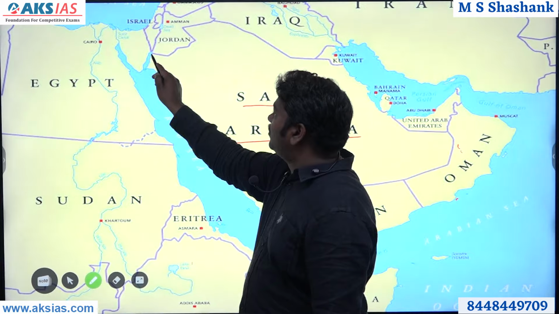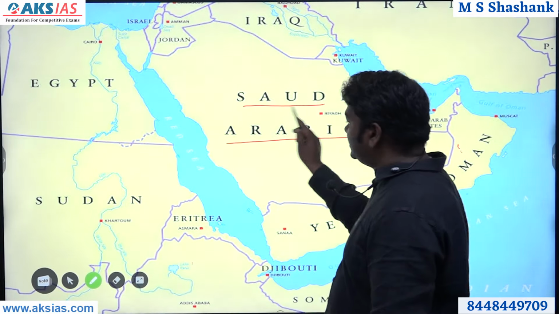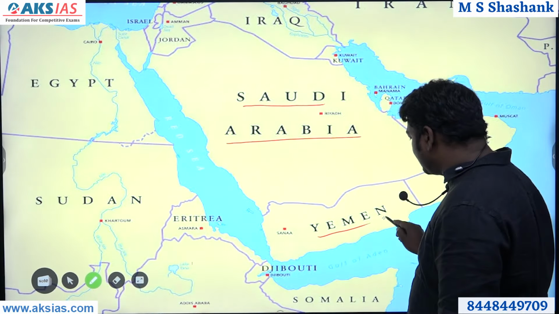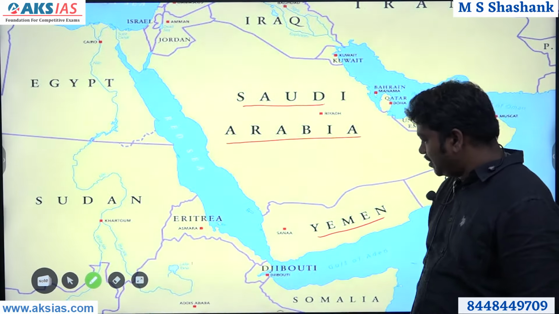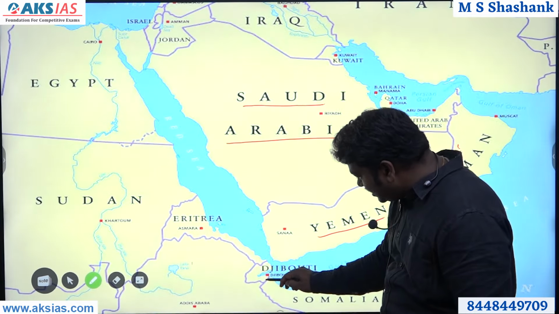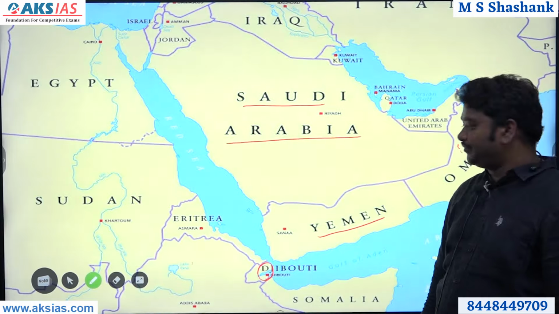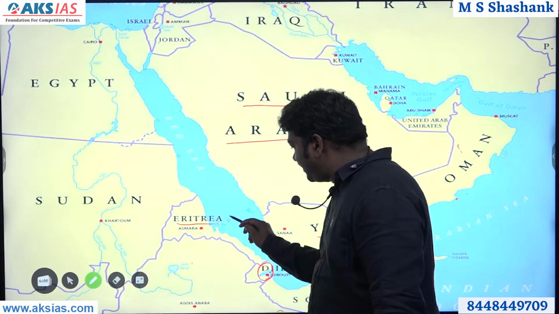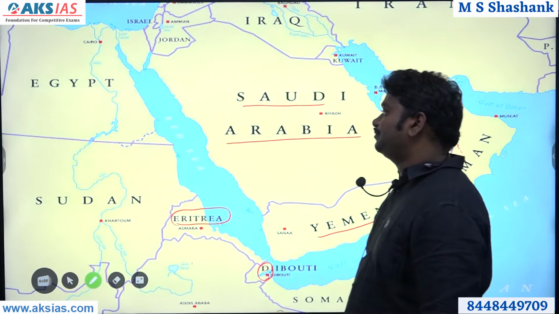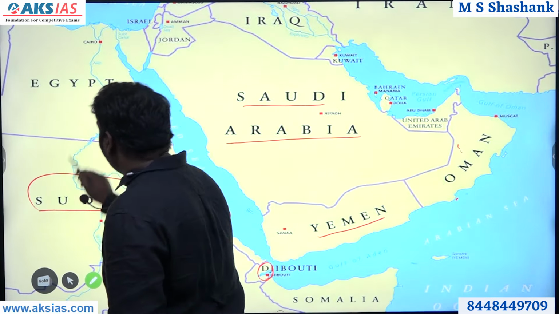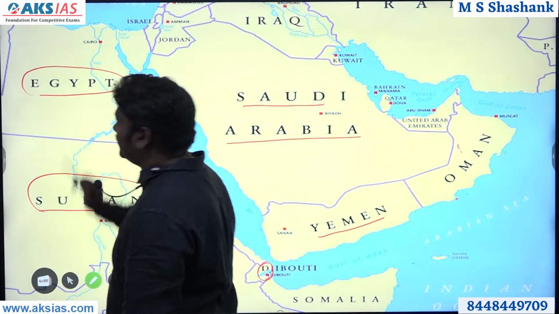Jordan doesn't have a direct border, but Saudi Arabia has border. Yemen has border. Djibouti, can you all check? Djibouti has border. Eritrea has border. Sudan has border. Egypt has border.